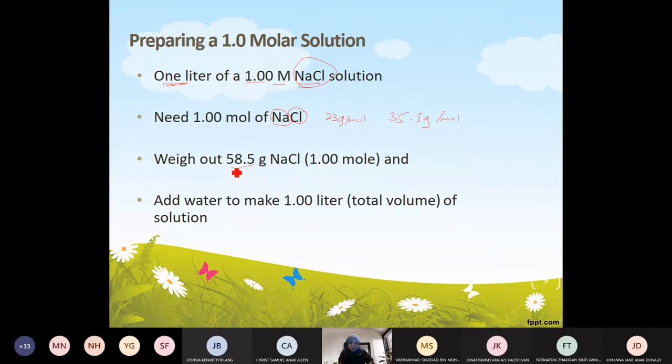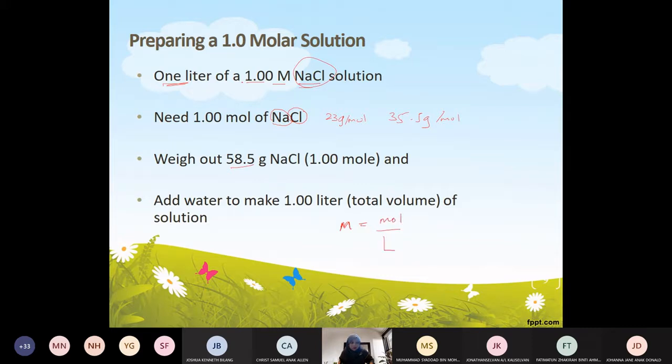So that's why you need to weigh 58.5 gram of sodium chloride and put it in 1 liter of water. It will give you 1 molar. Very simple. So the formula that you need to memorize: molarity is mole per liter.